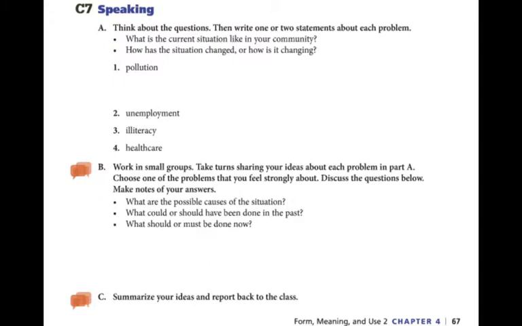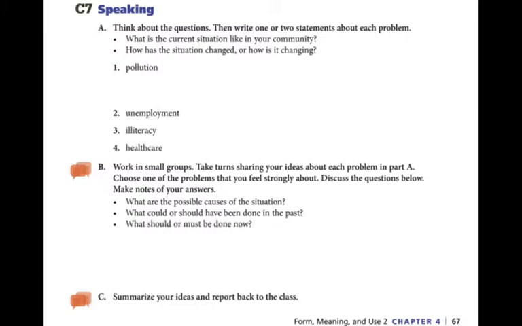Exercise C7, Speaking. Part A asks you to think about the questions and then write 1 or 2 statements about each problem. Of course, you want to use modals of possibility. What's the current situation like in your community? How has the situation changed?